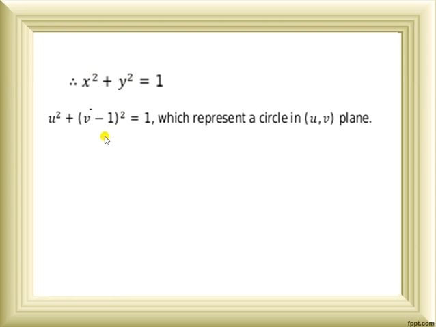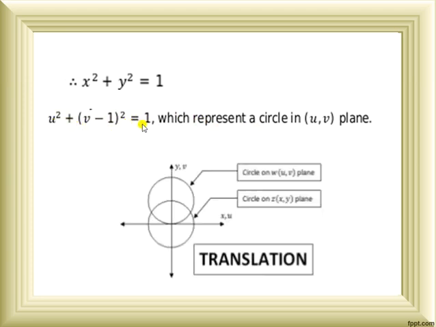Now using x equal to u and y equal to v minus 1, this gives u square plus v minus 1 the whole square equal to 1. This is a circle with center 0, 1 and radius 1. Therefore, in the z plane the unit circle is transformed into the circle with center 0, 1 and radius 1 in the w plane.